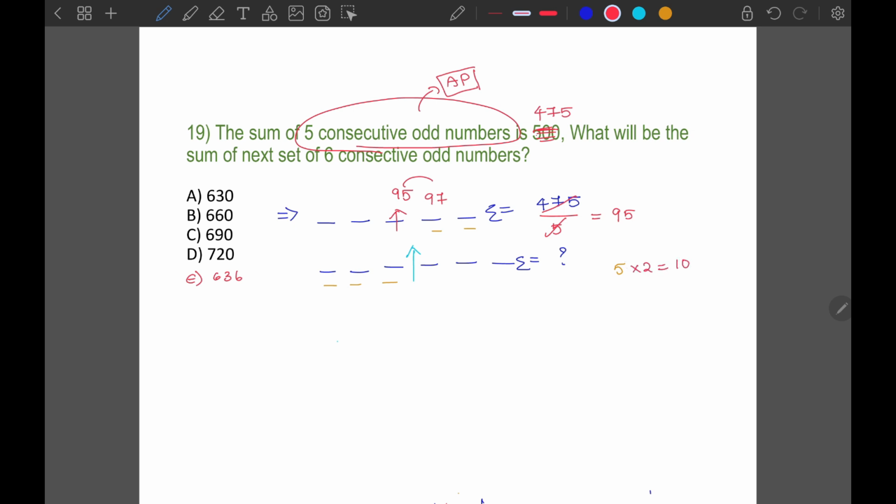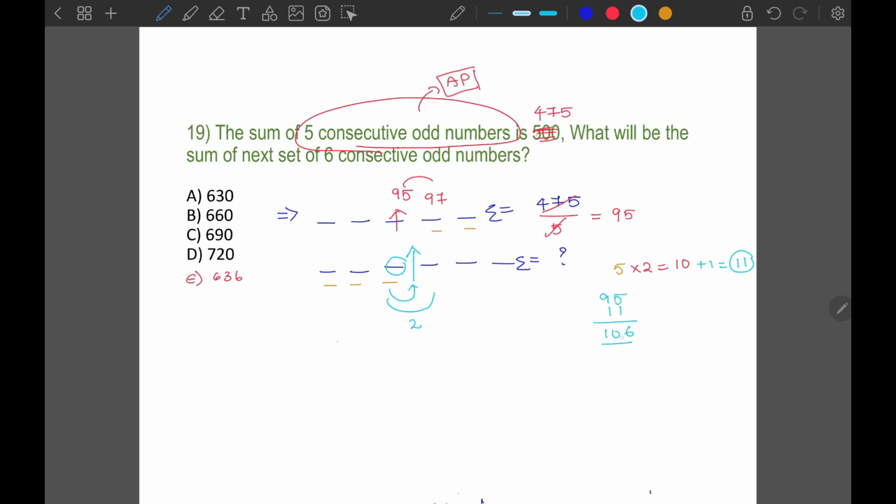But here there is one thing to be noted. It is not exactly this position, it is the midpoint here. We know that the difference between two consecutive odd numbers is 2, so half of it is 1. So 10 plus 1 equal to 11. So add this 11 to 95.